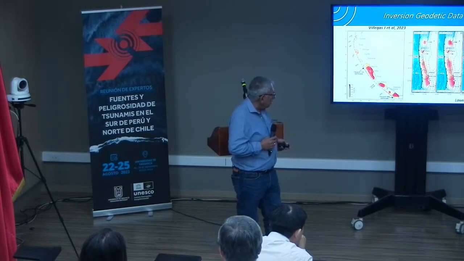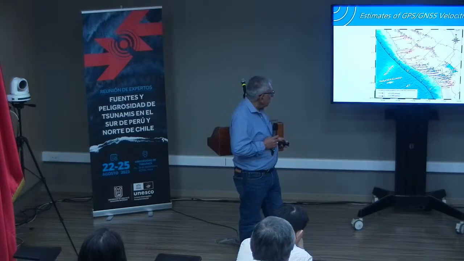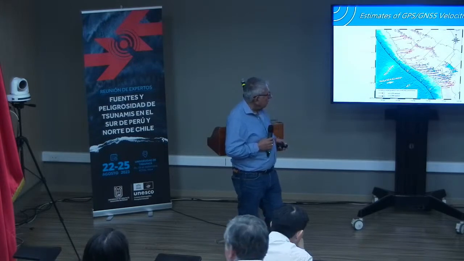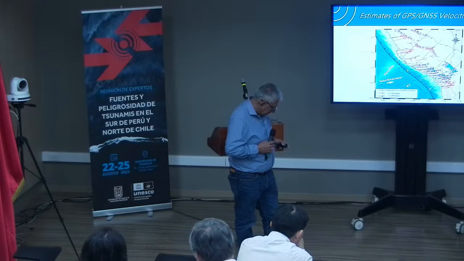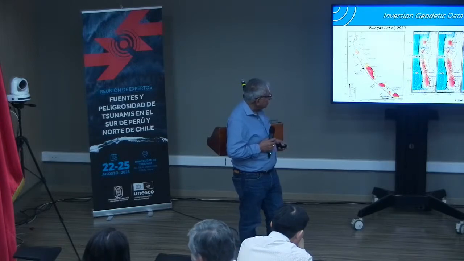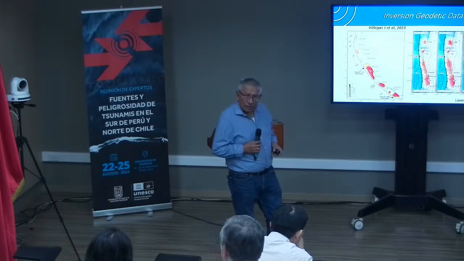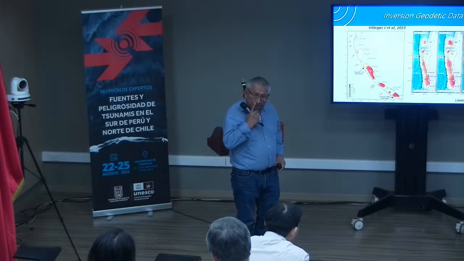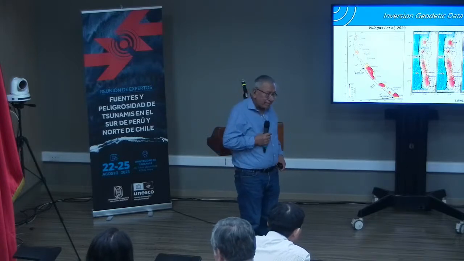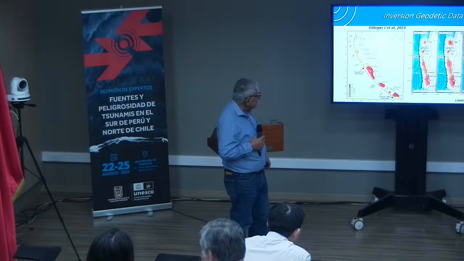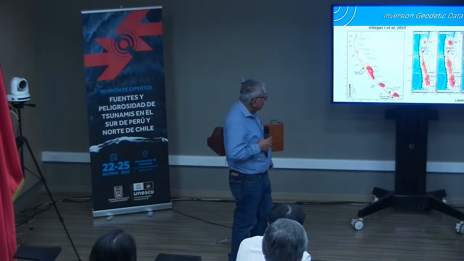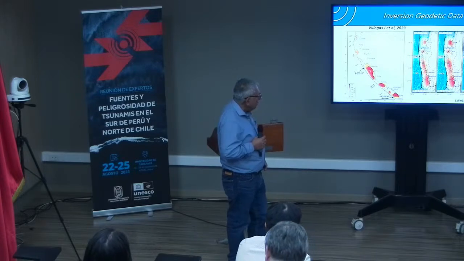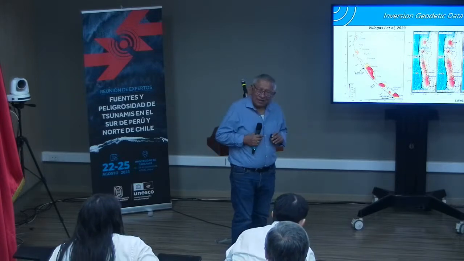Because the map showed a value from 0 to 1, right? The interseismic coupling is from 0 to 1, but you said you could define the maximum possible event. And how do you define the slip if the event could take place today, in 50 years or 100 years? So the slip would be different.